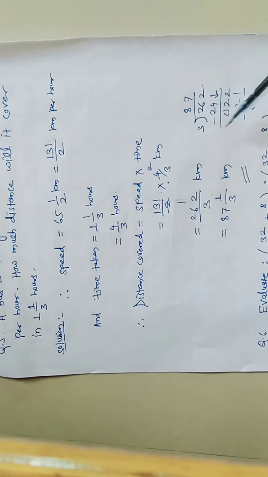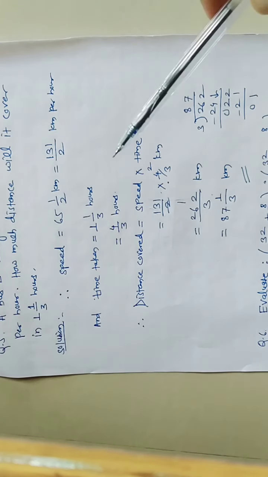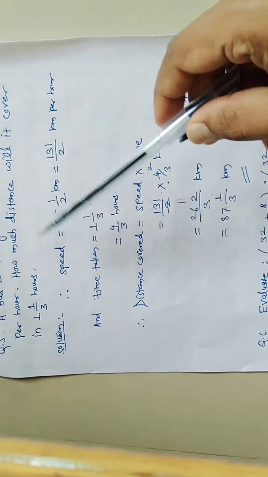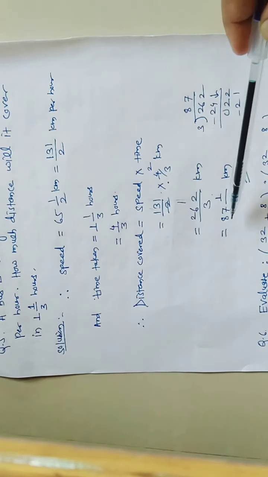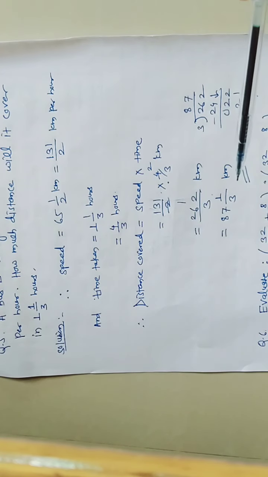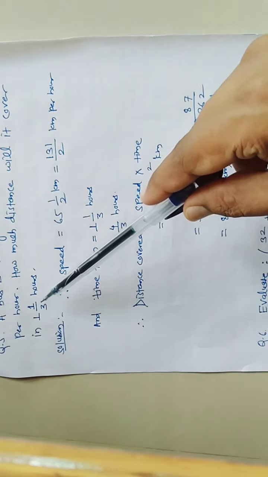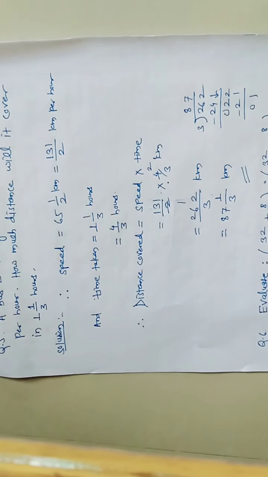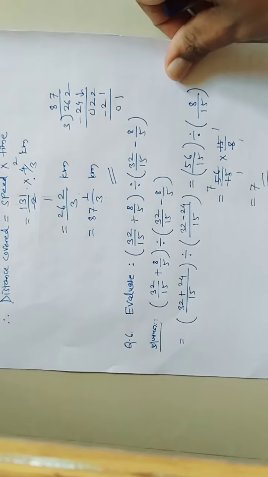See, in mixed fraction it becomes 87 whole 1 upon 3 kilometers. So the bus will cover 87 whole 1 upon 3 kilometers distance in 1 whole 1 upon 3 hours. Now we'll see the next question.